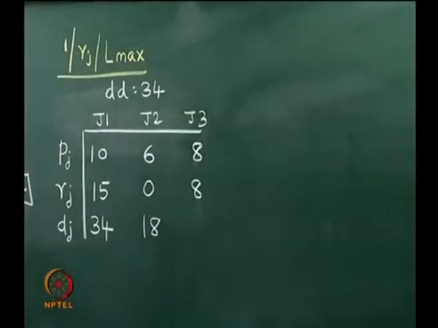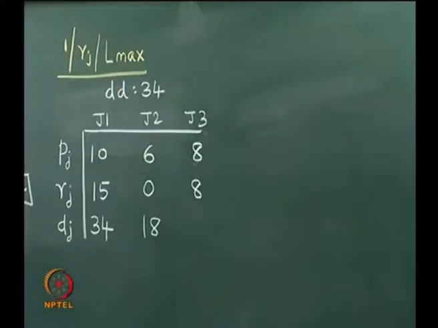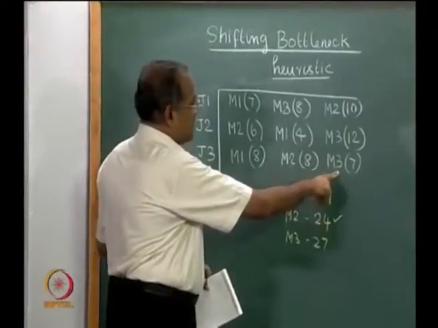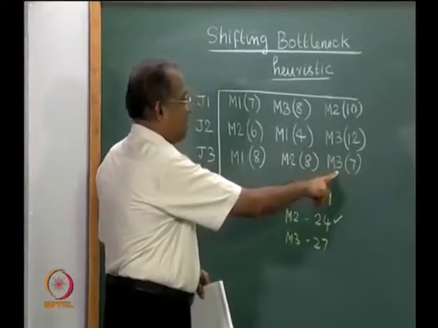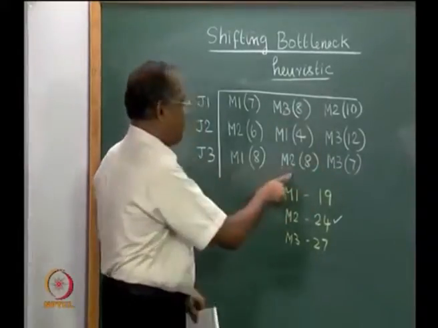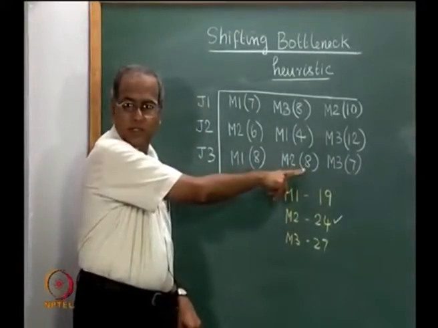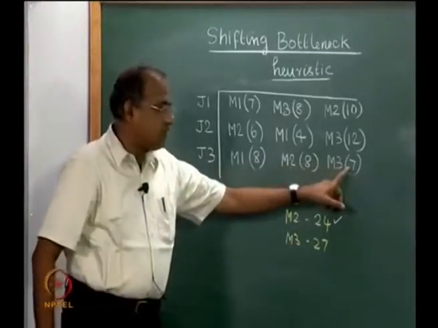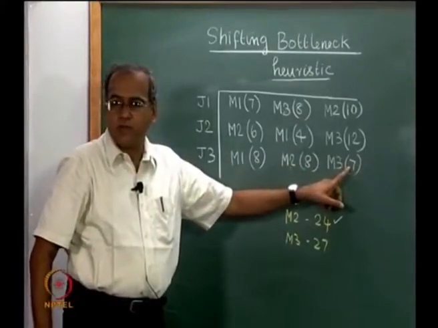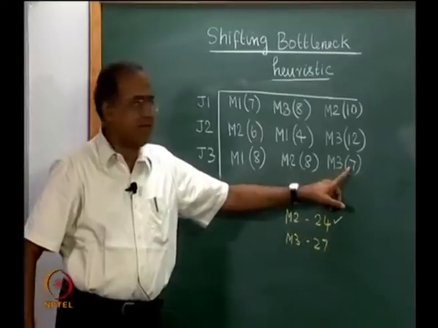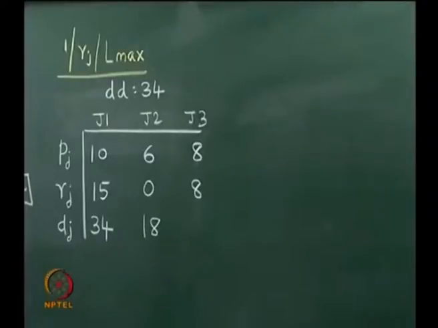And as far as J3 is concerned, J3 on M2 is the last but one operation. So, at least 7 more units are required, therefore, the due date can be 34 minus 7, which is 27.